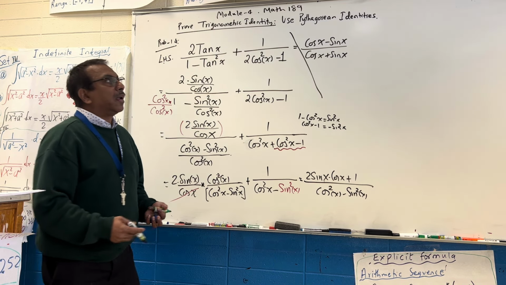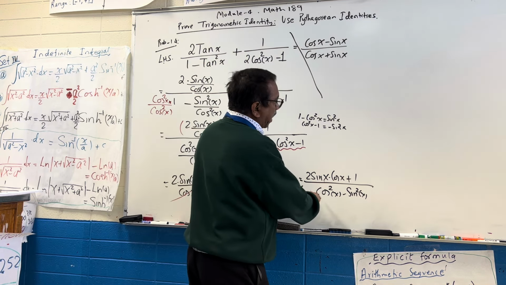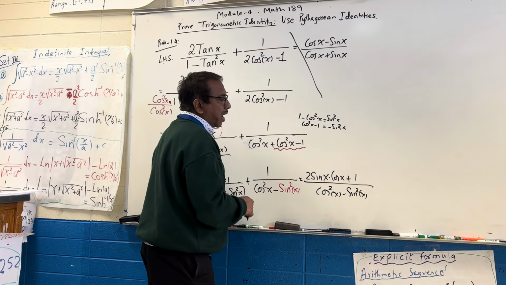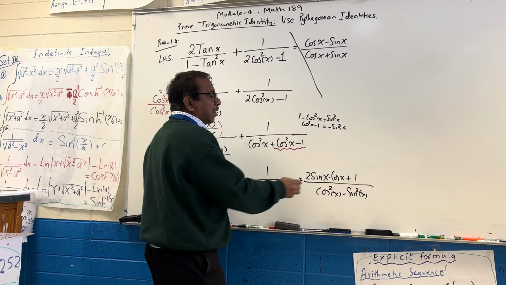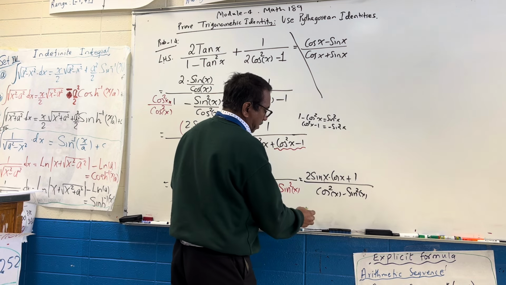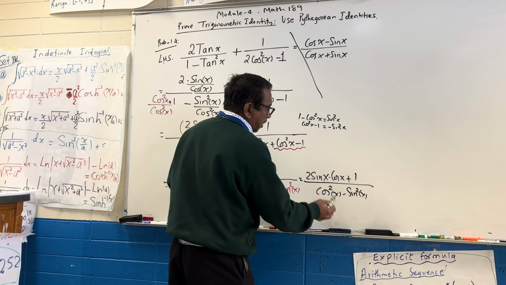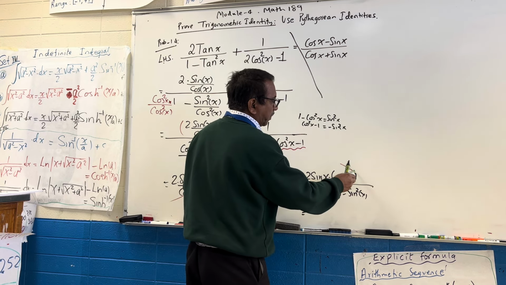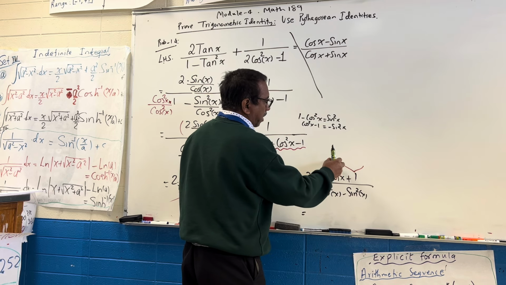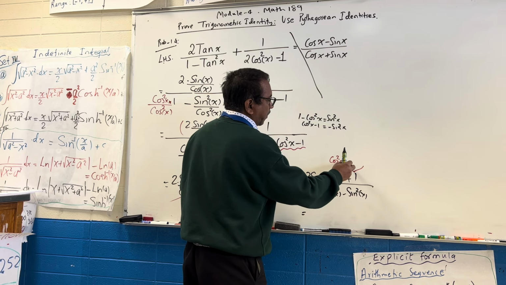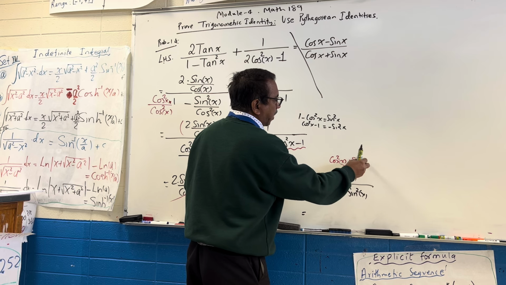The question is, can we get directly from left to right? And for that, we need to know that 1 can be replaced by, in place of 1, you can use Pythagorean theorem and say, okay, that's cosine square of x plus sine square of x.